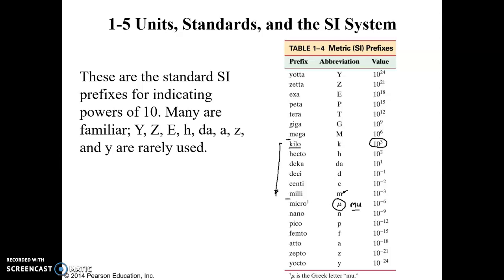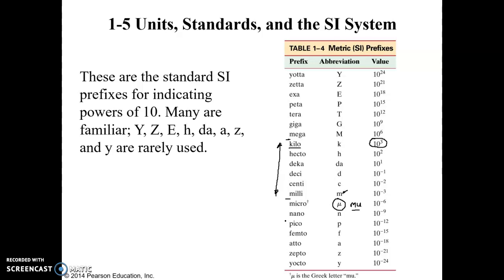These are the most common. Kilo, hecto, deca, deci, centi, milli. Kilo is 10 to the third, or 1,000. Hecto is 100. Deca is 10. Deci is 1/10. Centi is 1/100th. And milli is 1/1,000.